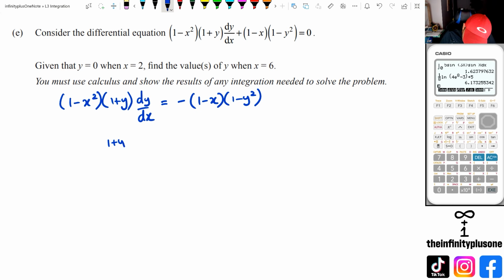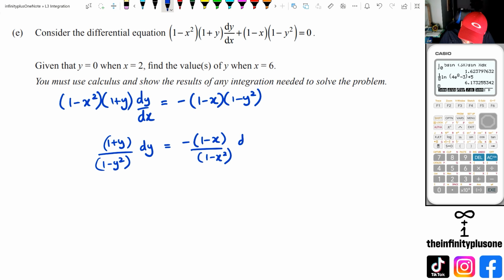So I'm going to get (1 plus y) divided by (1 minus y squared) dy equals negative (1 minus x) over (1 minus x squared), and the dx is just going to come here. So all I've done is move those around.